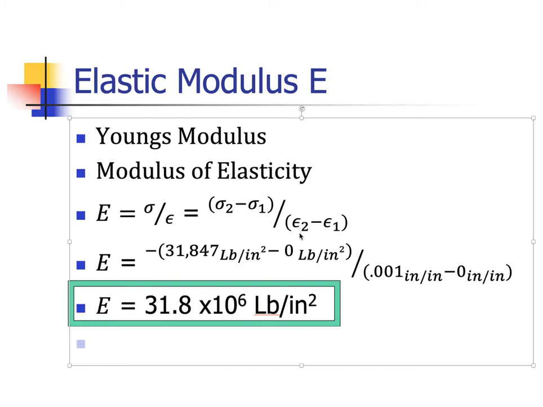And then here we have, well, there shouldn't be a minus sign here. Here we have strain as 1,000th of an inch per inch minus, again, 0 on the graph. So change in the rise over the run.